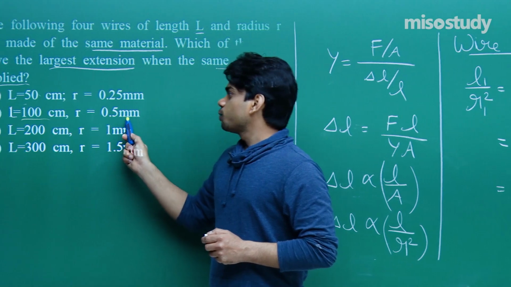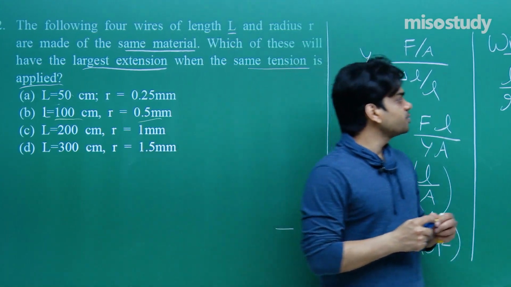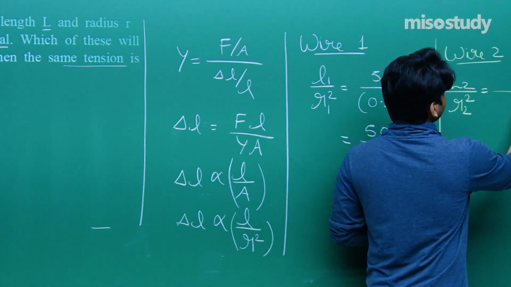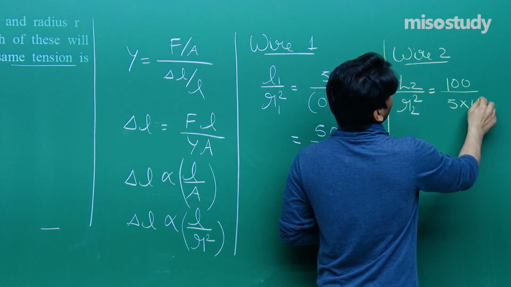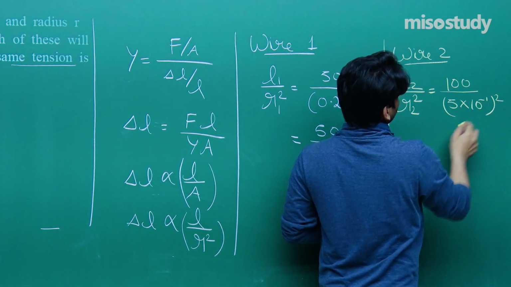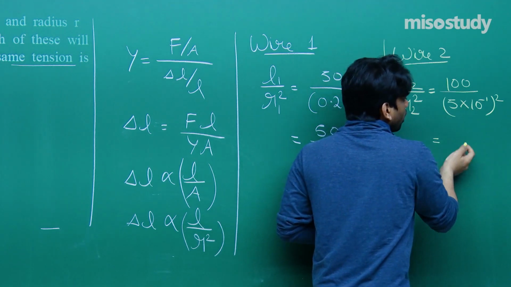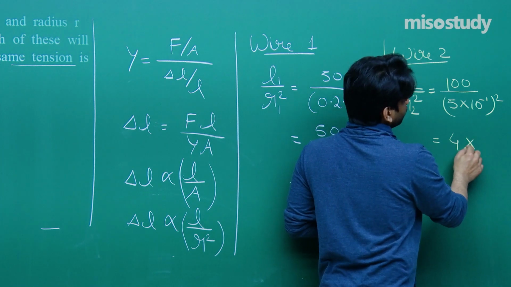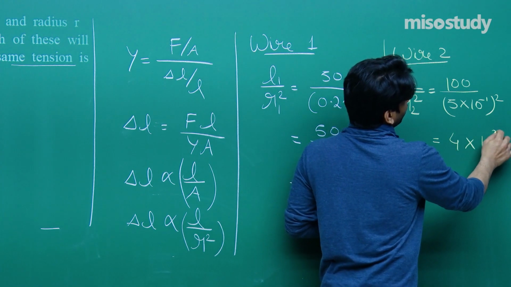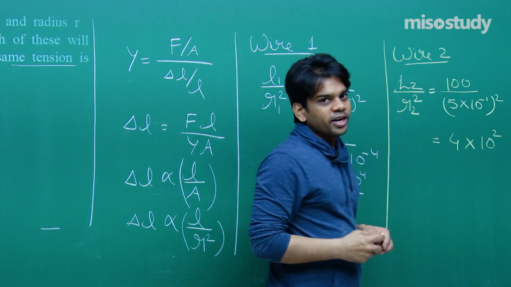Let's quickly estimate it. 100 divided by 0.5, so 5 into 10 to the power minus 1 whole square. If you solve this, you will be getting 100 divided by 25, that will be 4 into 10 to the power minus 2. So this will be 4 into 10 to the power 2 we got for the second wire.